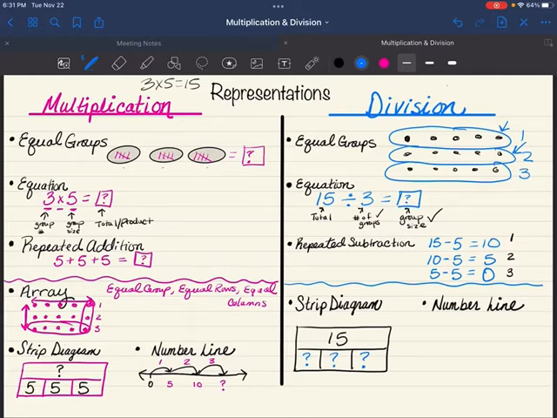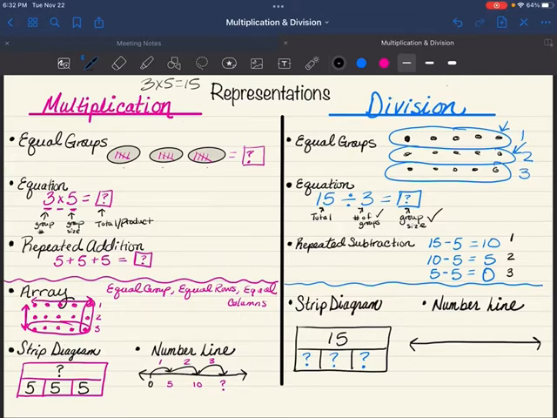As for the number line, this is not my favorite one for division. I'm going to be honest. I prefer the other methods for division. I really like the equal groups, and I really like the strip diagram.